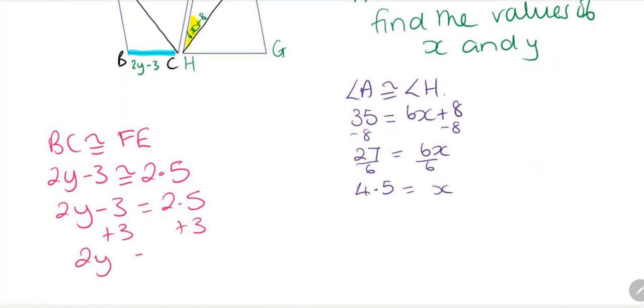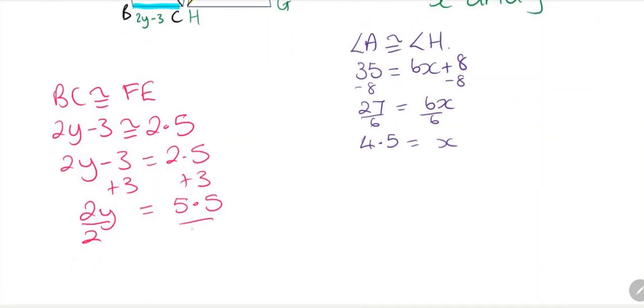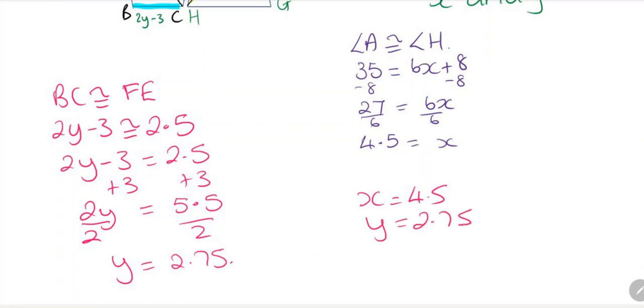So 2y is equal to 5.5. And if we divide both sides by 2, we will have 2.75. So our values, x is equal to 4.5 and y is equal to 2.75.